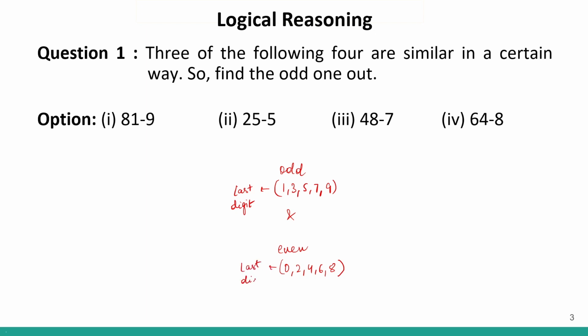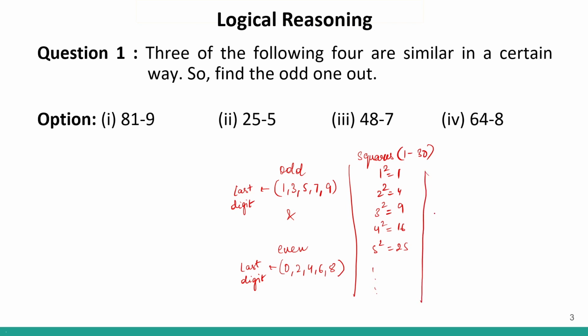This you should know. Then you should know what are the squares. I have told you that you should remember squares of at least 1 to 30. Correct? So 1 square is 1, 2 square is 4, 3 square is 9, 4 square is 16, 5 square is 25, and so on.